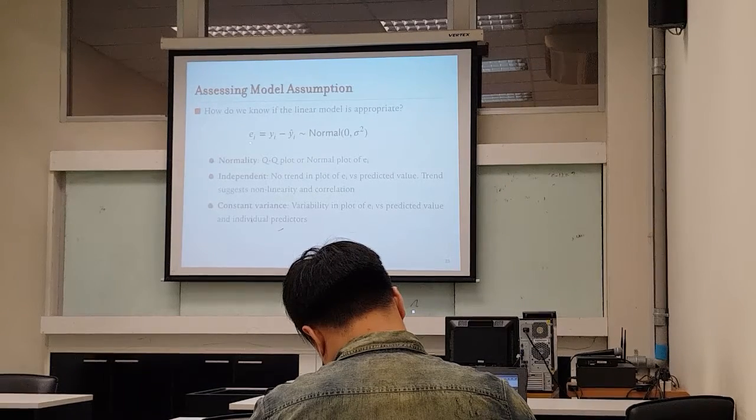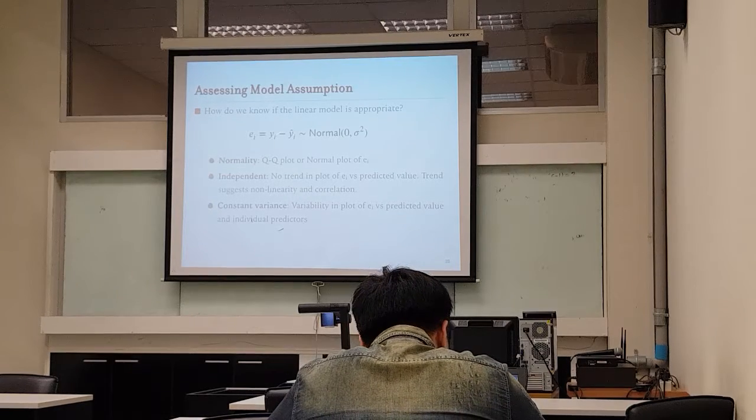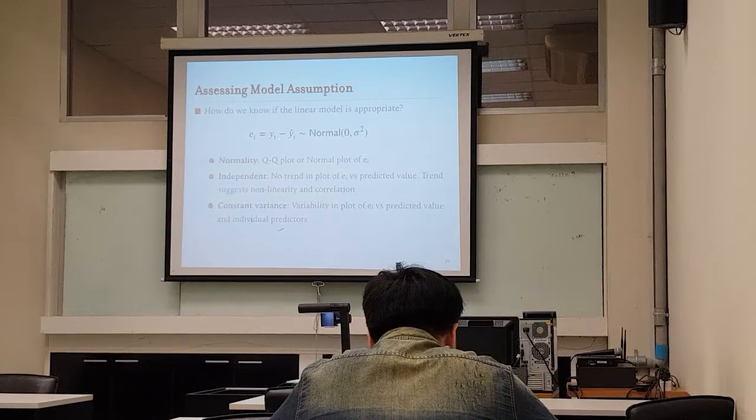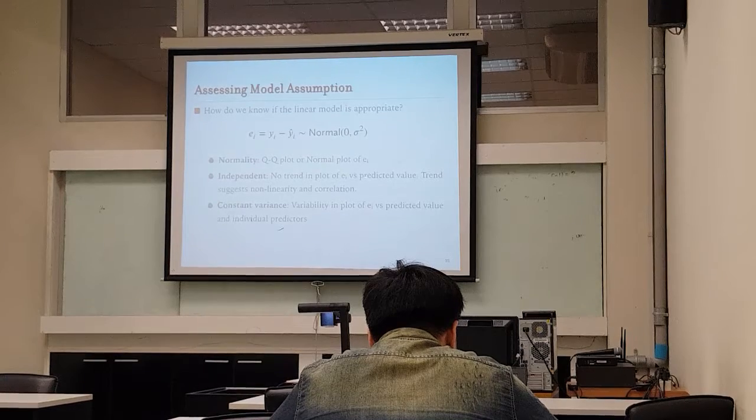The second thing is the observation errors e_i, because each residual comes from one predicted response. These residuals must be independent, in the sense that if you plot the sequence of residuals, or plot the residuals against the predicted value, you should not see any kind of trend.